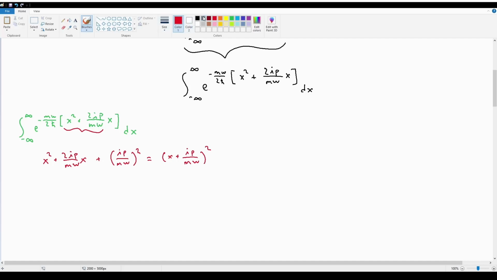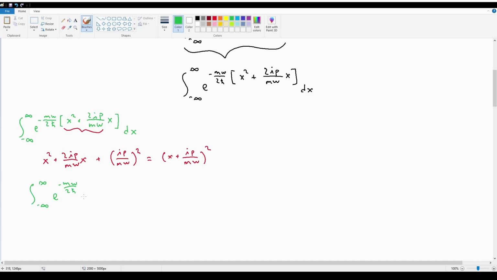So if we do that, then this integral is going to become an integral from negative infinity to infinity of e to the power of negative m omega over 2 h bar. And if I want to add one of these, then I have to cancel it out with another exponential.